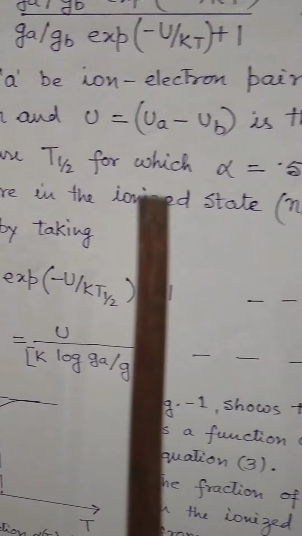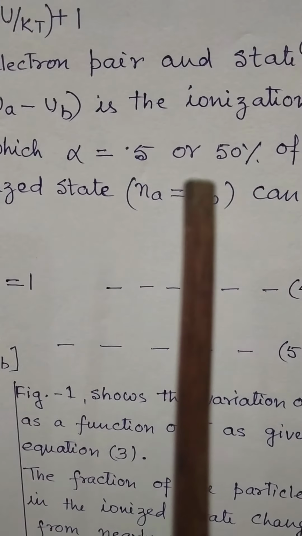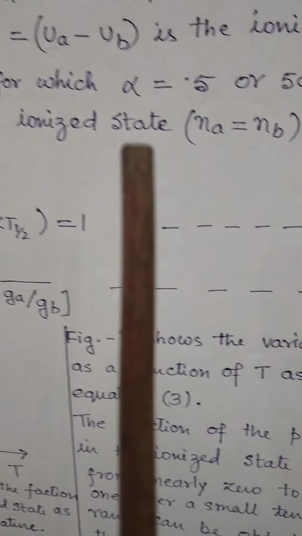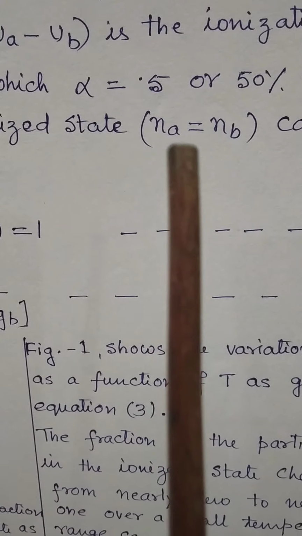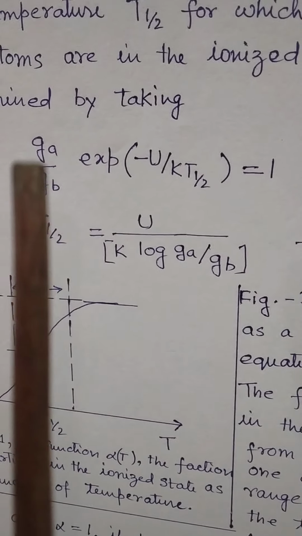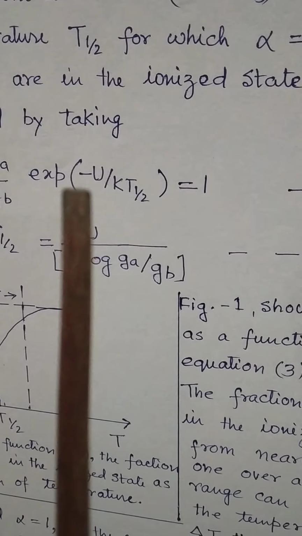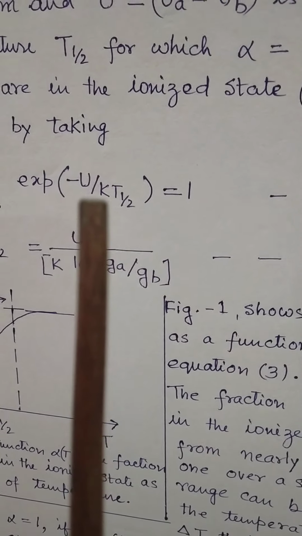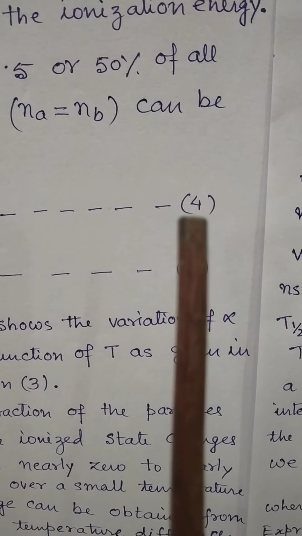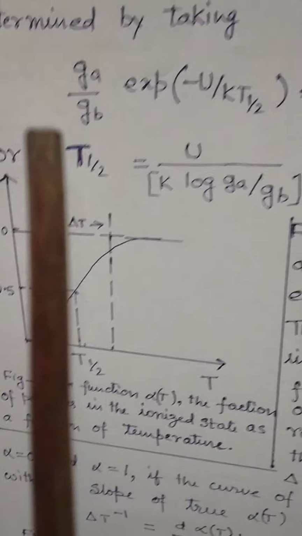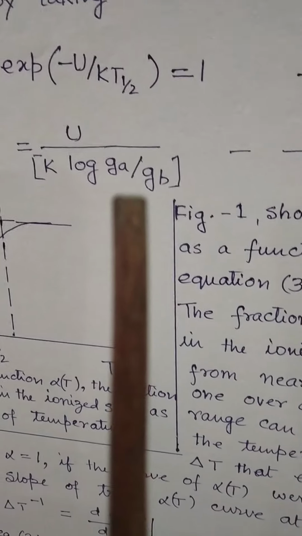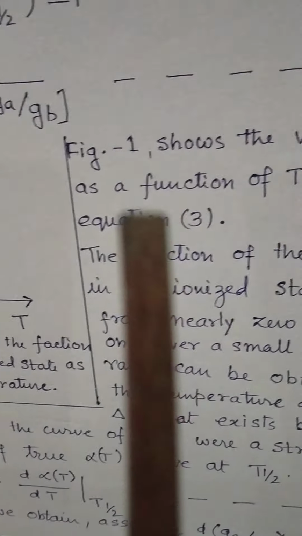The temperature T half for which alpha equal to 0.5, or 50% of all the atoms are in the ionized state, or Na equal to Nb, can be determined by taking Ga upon Gb exponential minus U upon kT half equal to 1, which is given by equation 4. Now T half can be written as equal to U upon k log of Ga upon Gb. Let it be equation number 5.